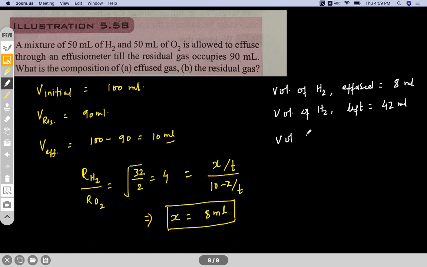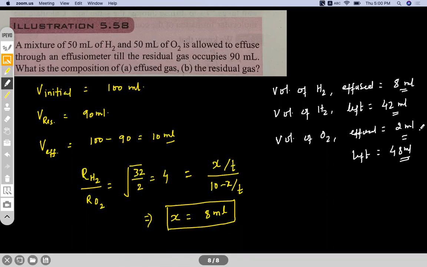Volume of O2 effused, that is how much? 2 ml. Then volume of O2 left is equals to 48 ml, and this is the answer for this question. Any doubt?